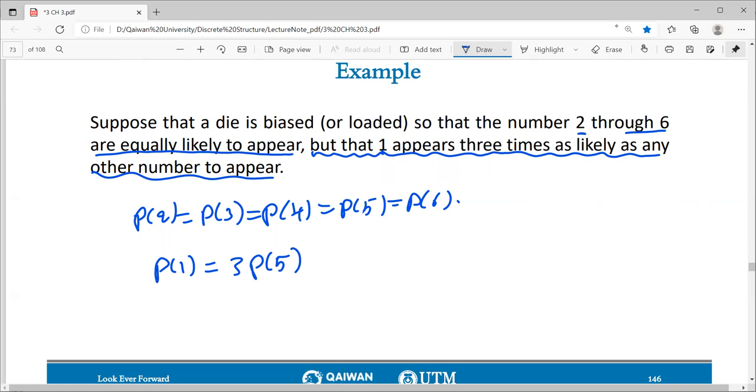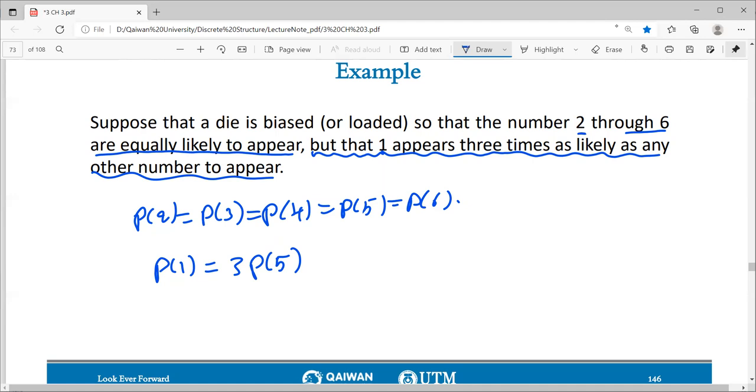Also in the example, it's given that the probabilities of 2 to 6 are equal, meaning probability of 2 equals probability of 3, and so on up to probability of 6. Here, we should find the probability of each number.